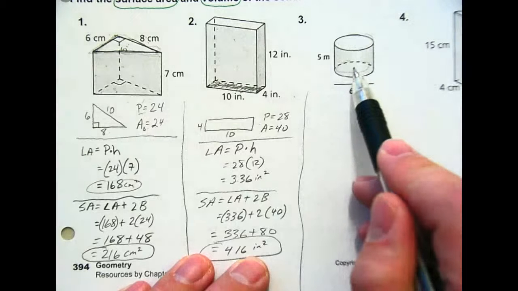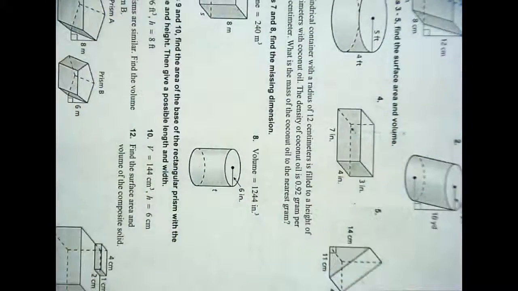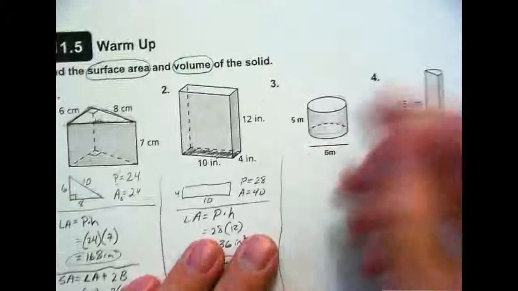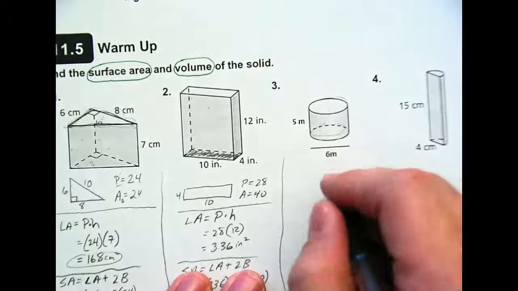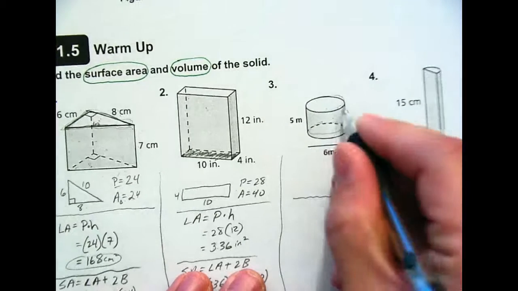Has anyone ever seen a cylinder that, if you take your paper for a minute and just make it into a cylinder, right? You just circle it up like that. When you take the wrapping of the cylinder off, like on a tin can, what do you end up with? A rectangle. Okay, so you have a rectangle. So really, if I'm finding the lateral area of this, the lateral area is this outer wrapping.